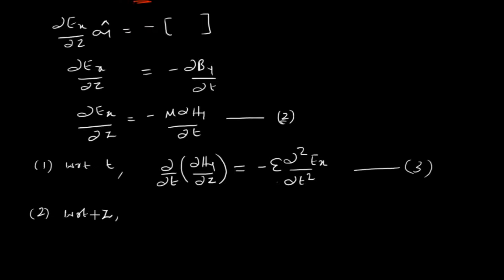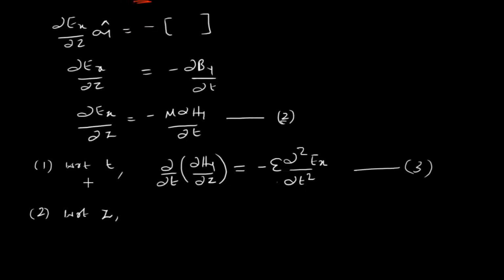Now why am I doing this? It's a mathematical way of viewing it. I have two independent equations, equation number 1 and equation number 2. Both give me variation of Ex and Hy in the direction of z. I agree, but I need to have some interdependency of these two variations, because both are in the same plane, both have constant amplitude and phase, and both are traveling in the same direction.